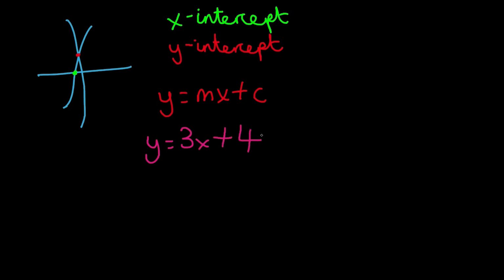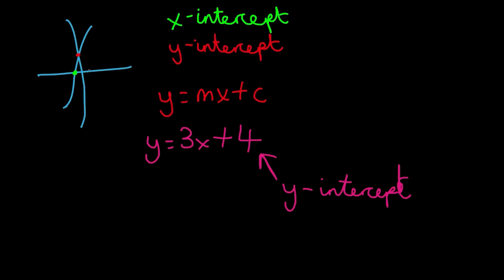Now the y-intercept in this form is always the value of c, so that's easy. That's the y-intercept. And why is it so easy? Well, because the y-intercept always occurs when x is equal to 0.